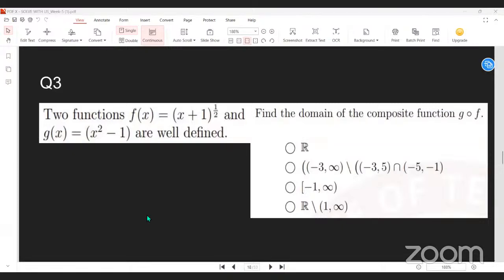So Ashrita, can you tell how you got A? Yes, sir.